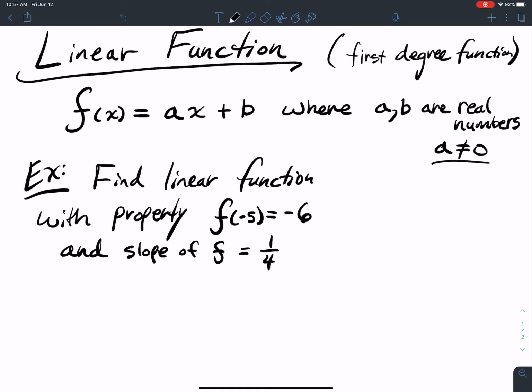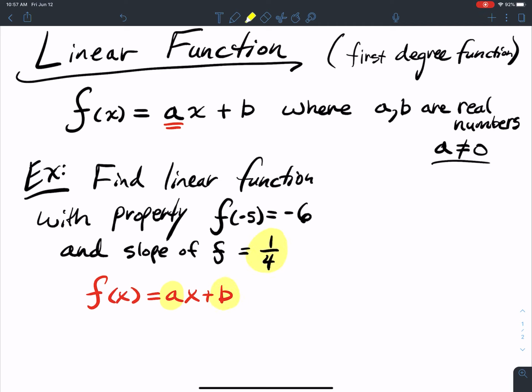So I take into account the slope is the coefficient in front of the x term. In general, my linear function is ax plus b, so the only things I need to find to get my linear function are a and b.